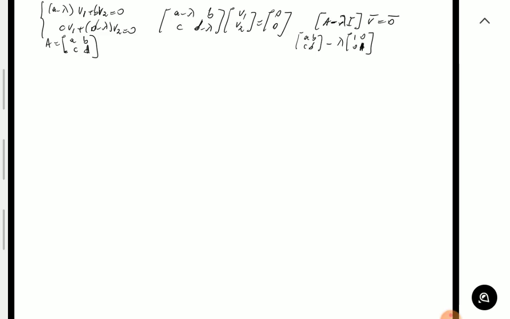All right, so let's remember our important remark that we're looking for non-zero vectors, these vectors in terms of v1 and v2. So remember the connection between the nature of solutions of a system of equations and determinants.